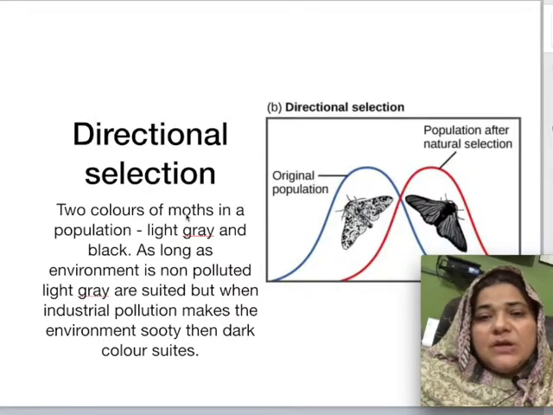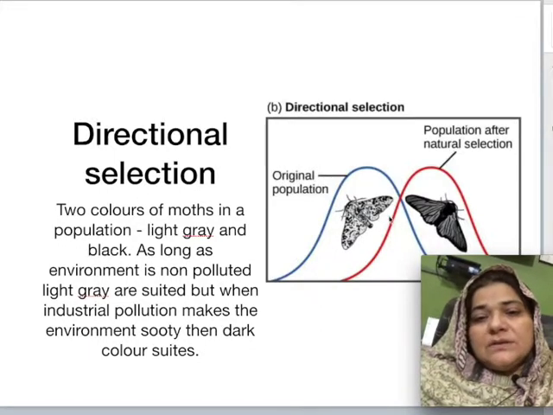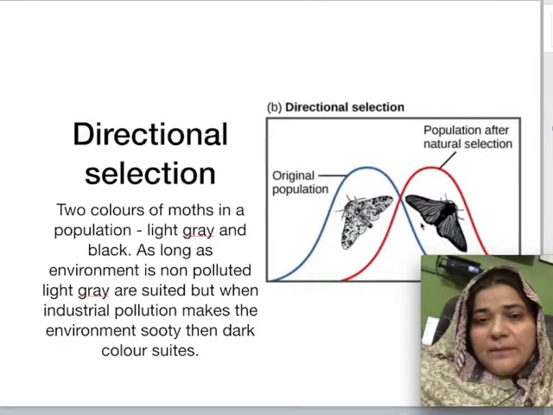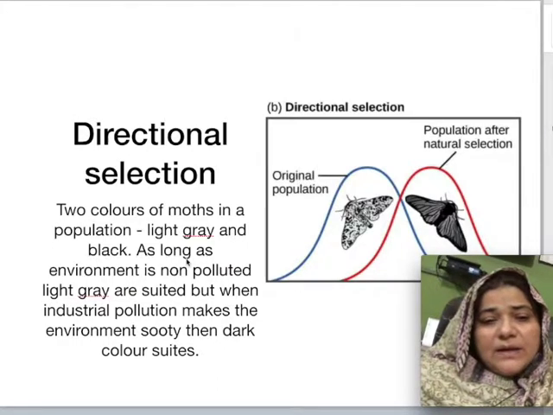So a sudden change in the environment results in directional selection, and this is the kind of selection that is also practiced by plant breeders as well as animal breeders.